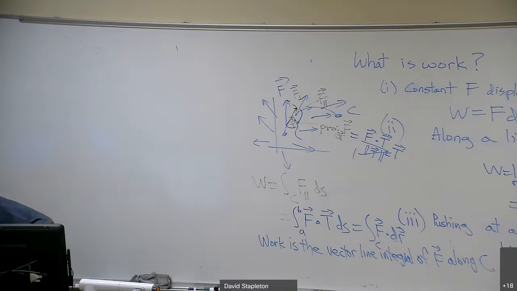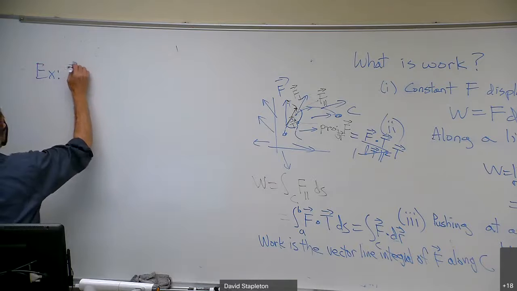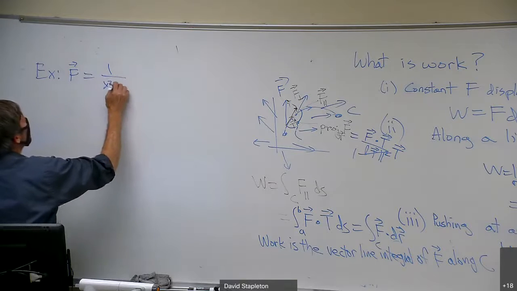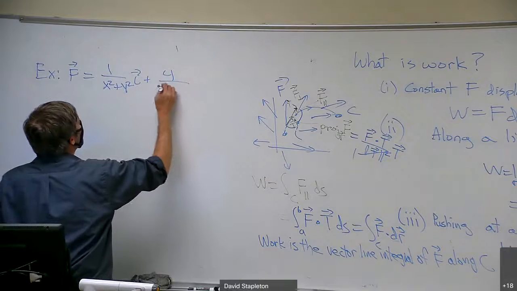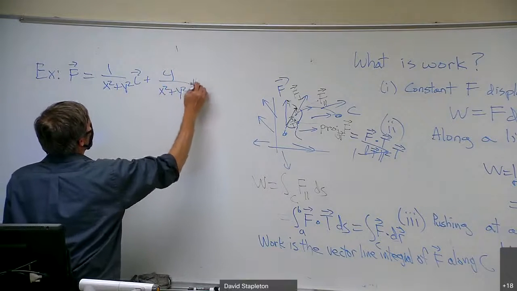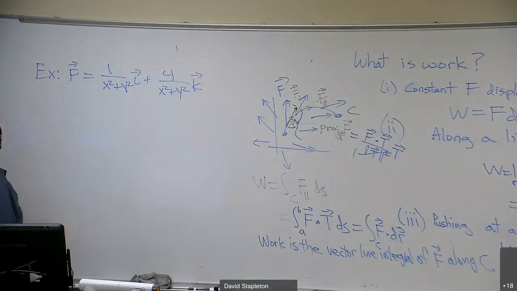Suppose the force is 1 over x squared plus y squared i plus 4 over x squared plus y squared j. A force like this is acting on a particle that moves along a path.